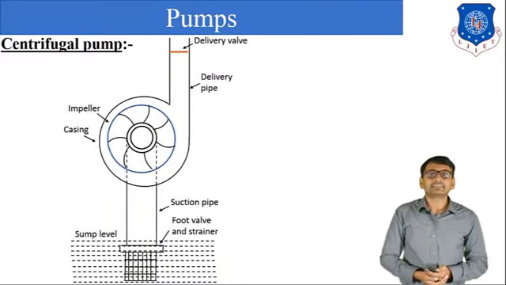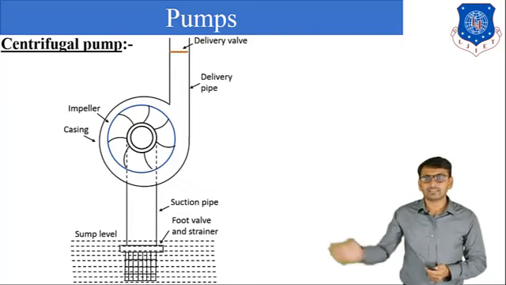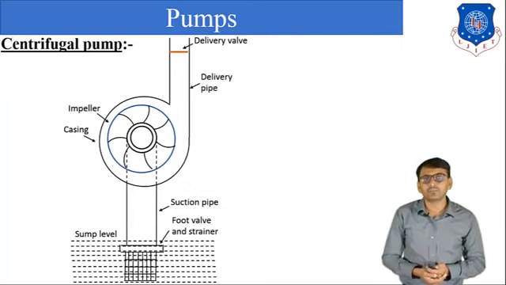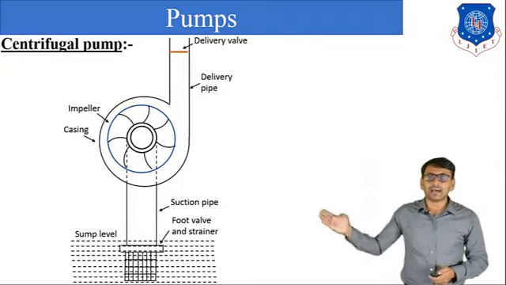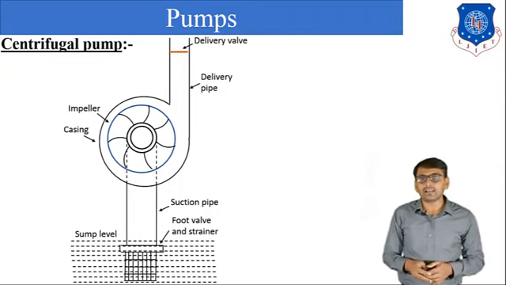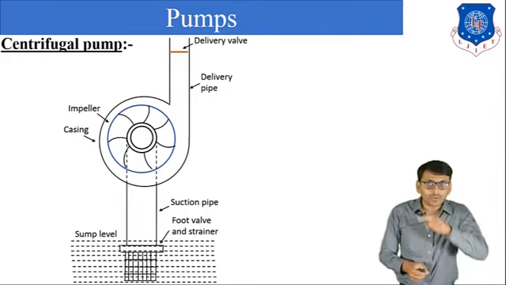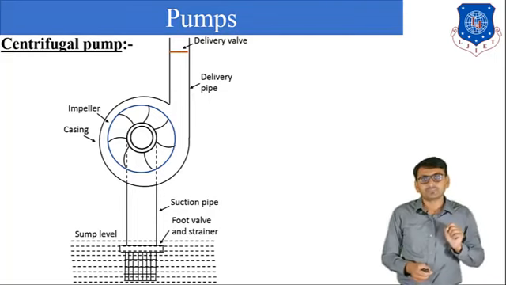Now we discuss the centrifugal pump. This is a diagram of the centrifugal pump. In this pump, there are an impeller, casing, suction pipe, delivery pipe, foot valve, strainer, and impeller blades. In this diagram, the impeller is a circular element.